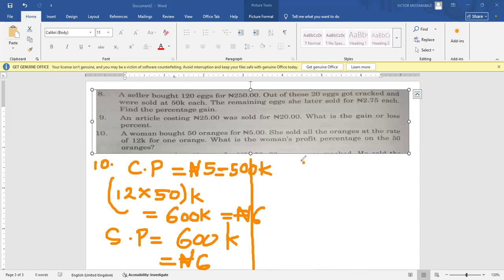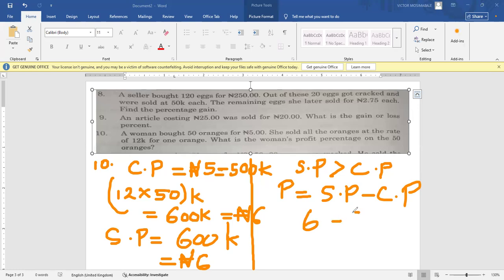So the selling price is greater than the cost price, because the selling price is 6 naira and the cost price is 5 naira. So it is a profit, right? Profit is selling price minus the cost price. We are making a profit, right? So we are doing 6 naira minus 5 naira, which is 1 naira.